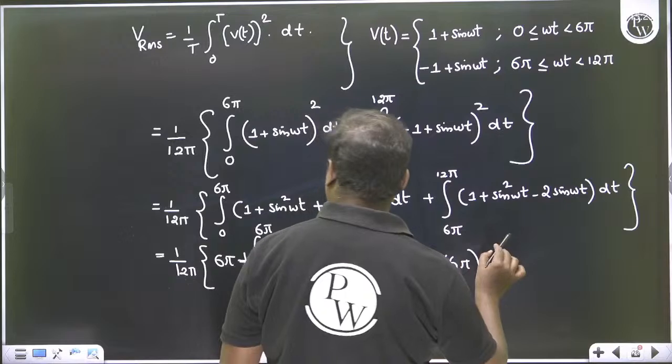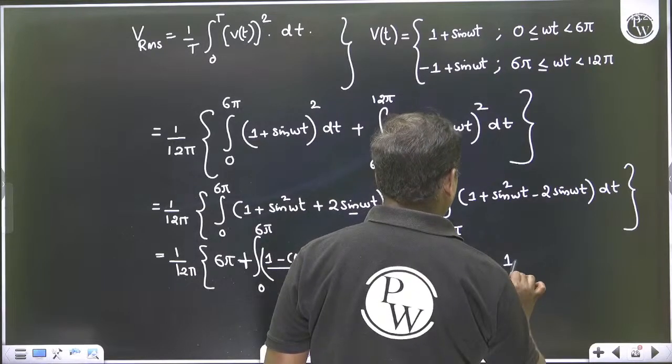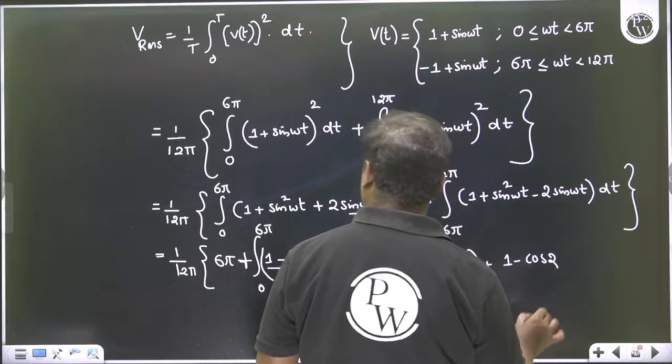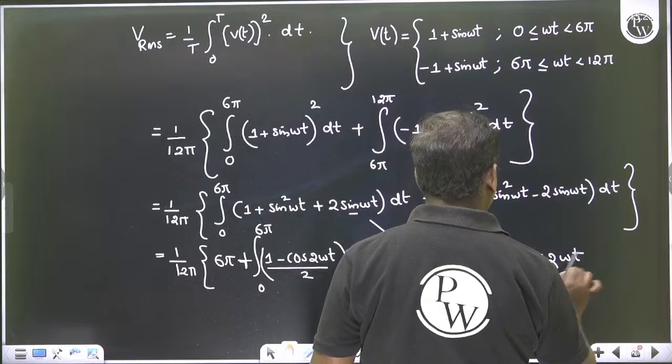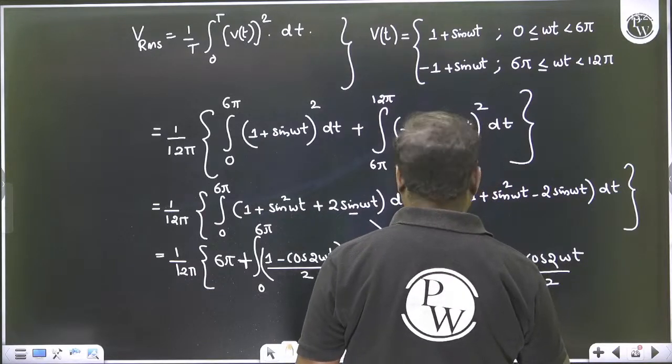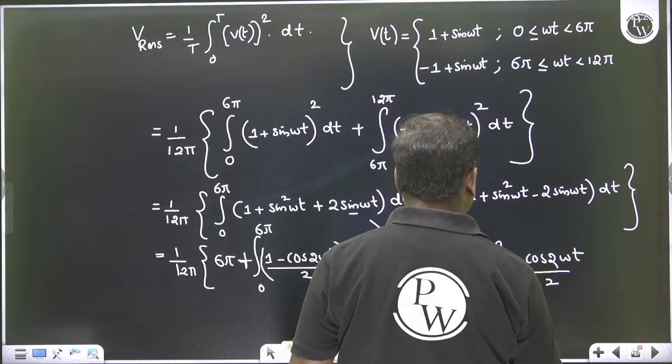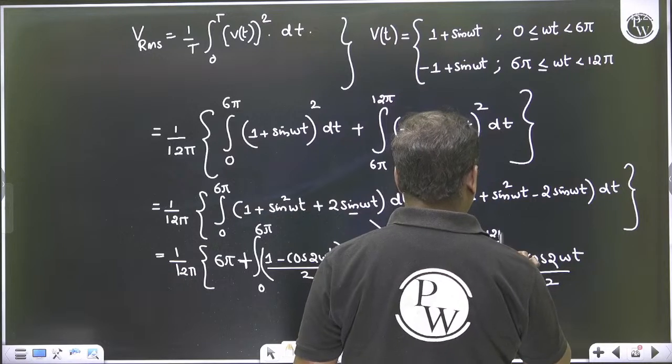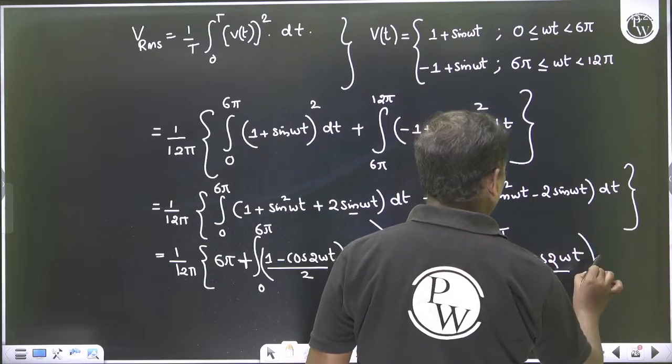Next, sine square means I can write 1 minus cos 2 omega t by 2, integration 6 pi to 12 pi. This term will become 0.